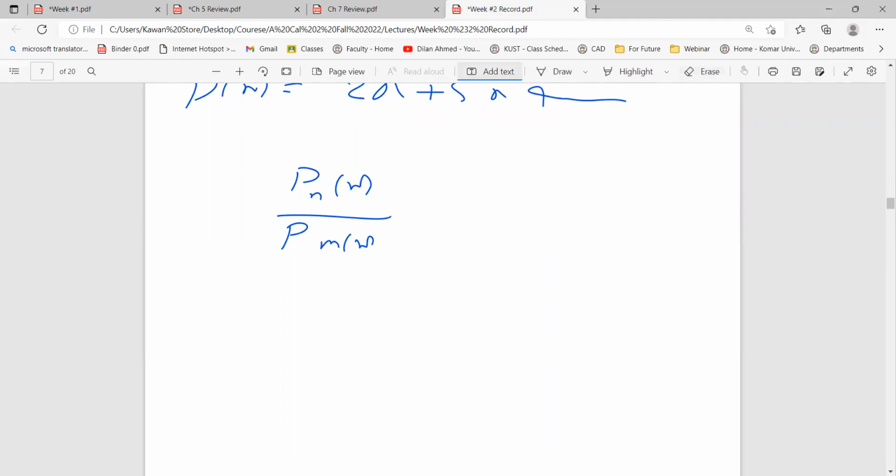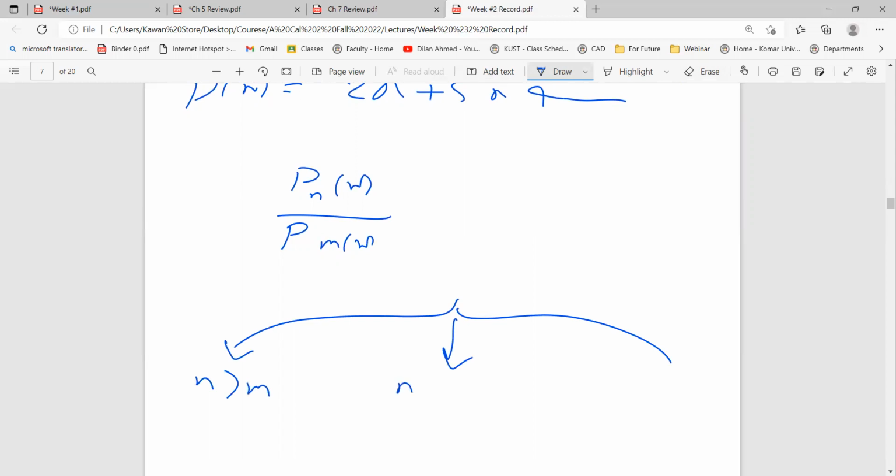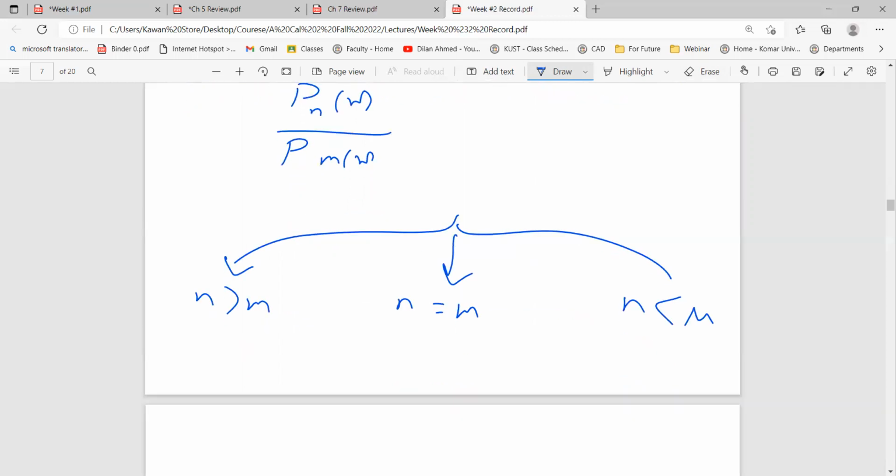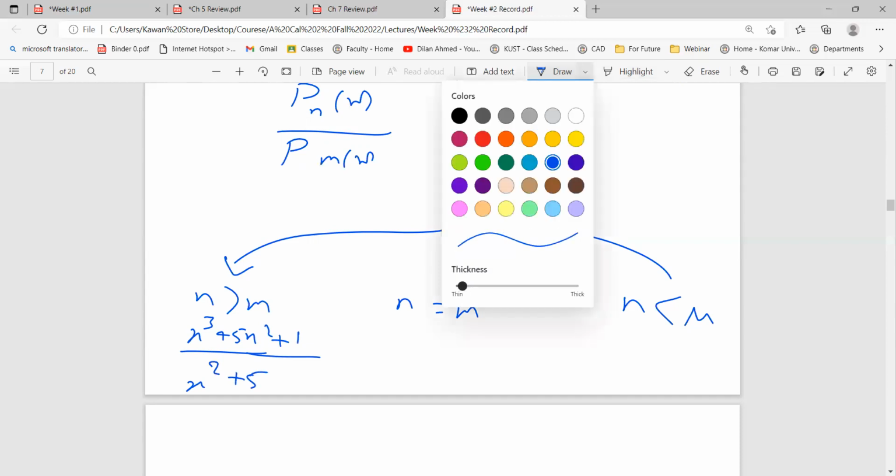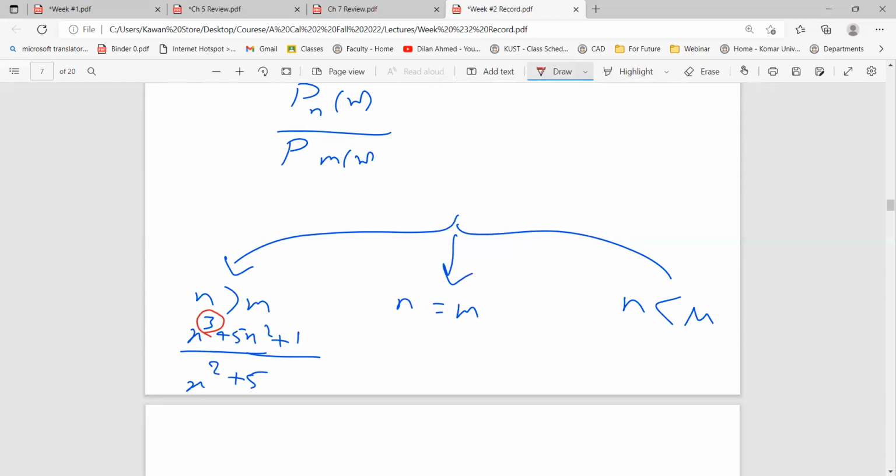We have three cases: n greater than m, n equal to m, and n less than m. For example, x to power 3 plus 5x to power 2 plus 1 over x to power 2 plus 5. So the numerator's exponent is greater than the denominator's exponent. Now you understand what I say, right?